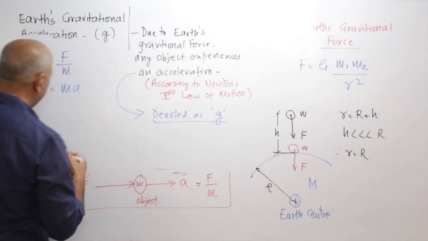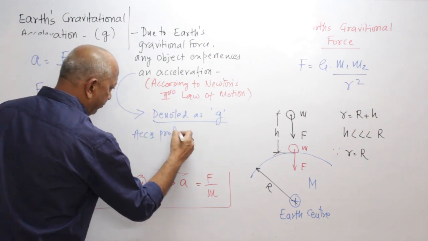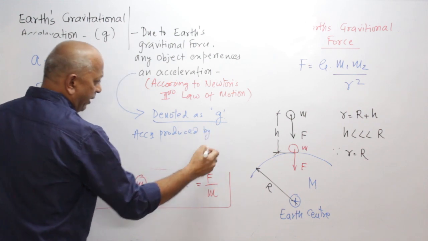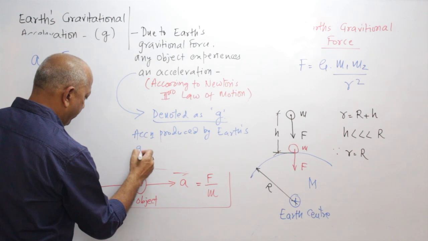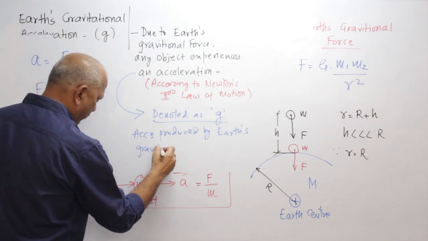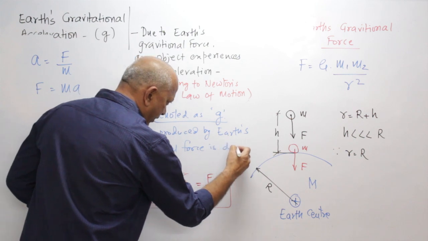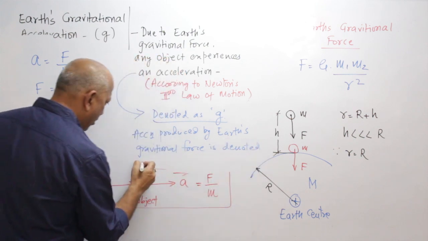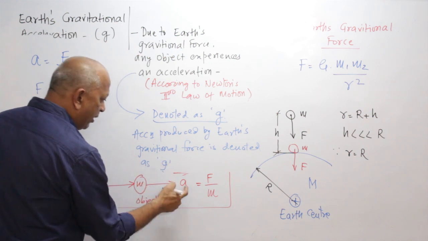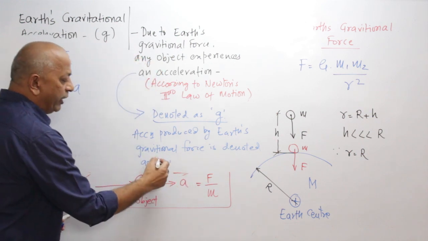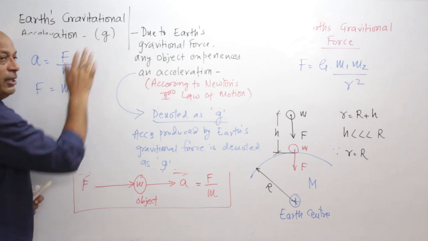So we can say acceleration produced by Earth's gravitational force is denoted as g instead of a. Normally we denote it with a, but in this case we denote it as g.